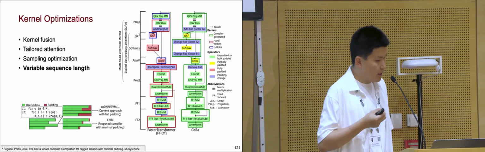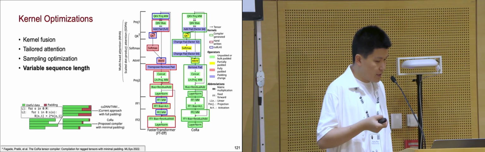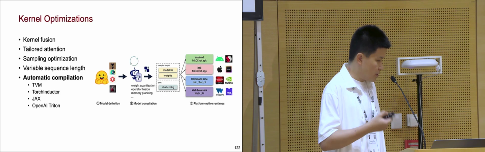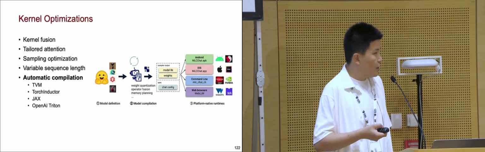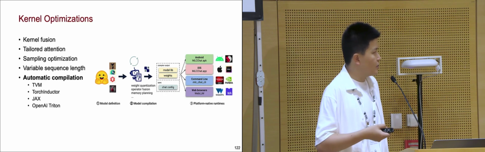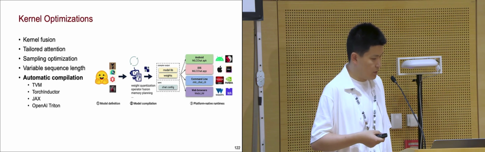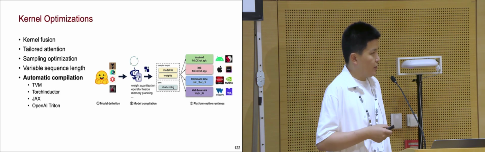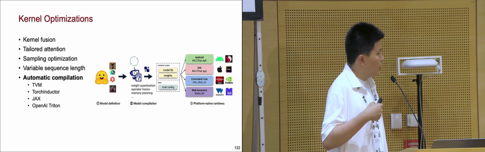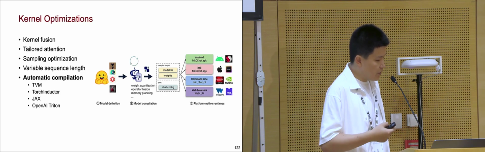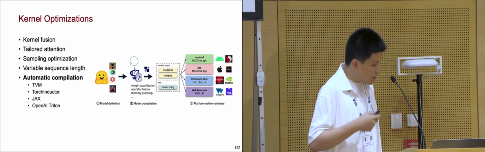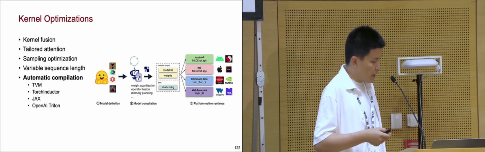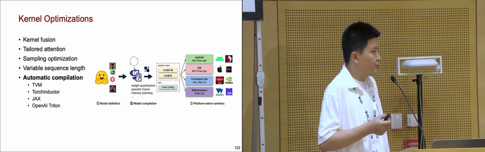The next part is about the variable sequence length. As we all know, the input length of LLM serving queries might be different. Some people may have very short inputs, some may have a very long document as the input. So if we want to batch all these input requests together and use a single GPU kernel to run all these requests, it will be very difficult because we need to do some padding or chunking to get a uniform size of tensors.